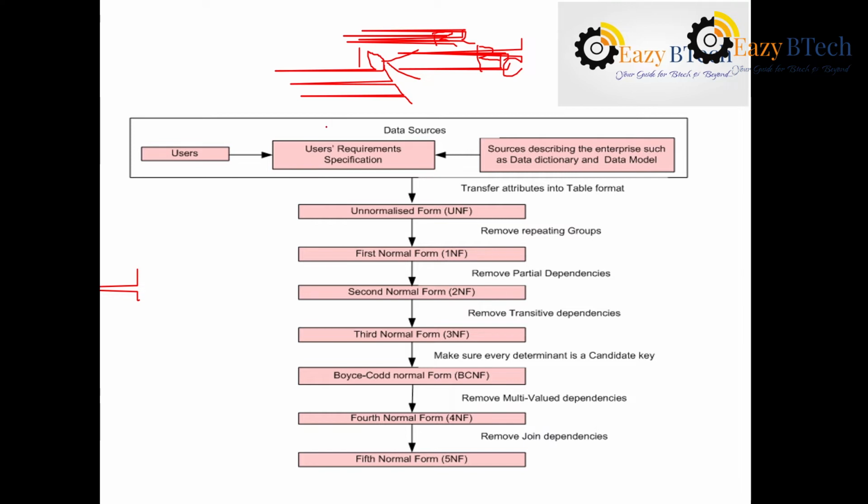To overcome all these problems, data is created without duplications. We go with all the transformations. Here we have a total of 5 transformations. Each level is called a normal form. In first normal form we perform one transformation, in second normal form we go with another transformation.